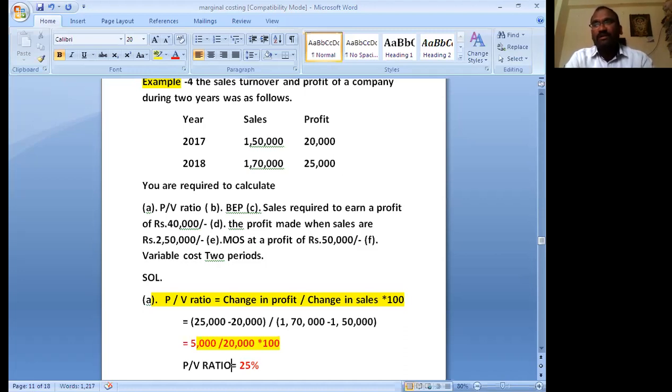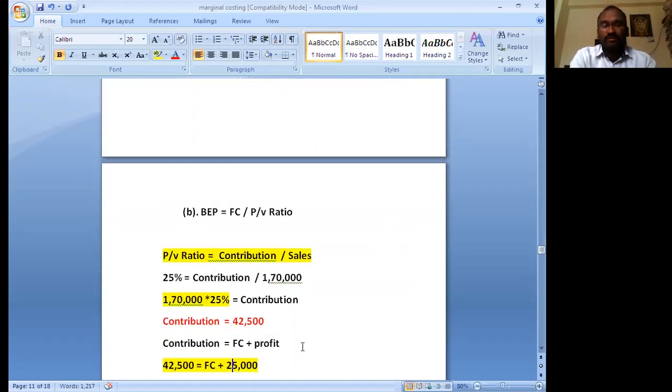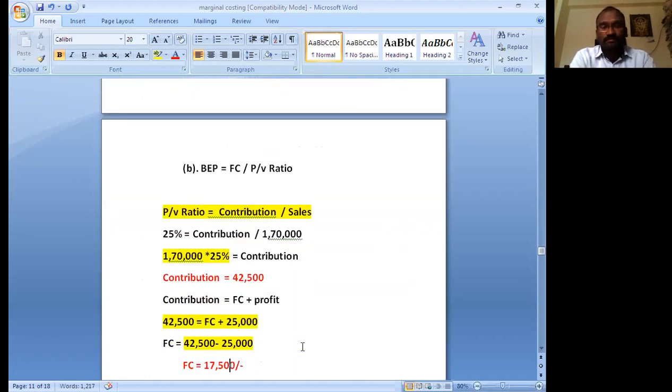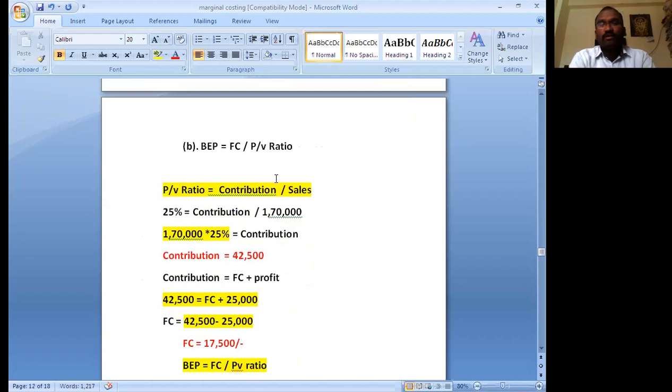Using the PV ratio you calculate the contribution. Contribution equals fixed cost plus profit. Here profit is given, so you calculate the contribution and then get the fixed cost. PV ratio equals contribution divided by sales.